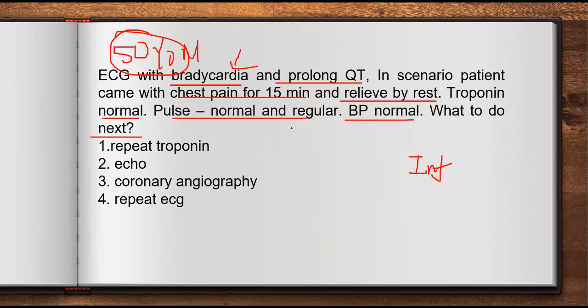So normally if within 4 hours of chest pain you did a troponin and ECG and it came as normal, then you do a repeat ECG and repeat troponin in the next 2 to 3 hours time. Clear? So this patient will get repeat ECG first. Obviously, repeat troponin also will be done, but if you want to choose between 1 and 4, then repeat ECG will be the best option.